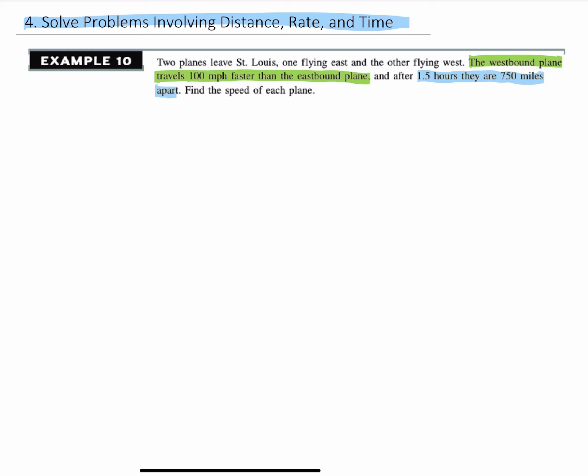Well, one thing that we'll need to know is that speed. Think about how we measure how fast our cars are going. Well, it's in miles per hour. It's distance over time.